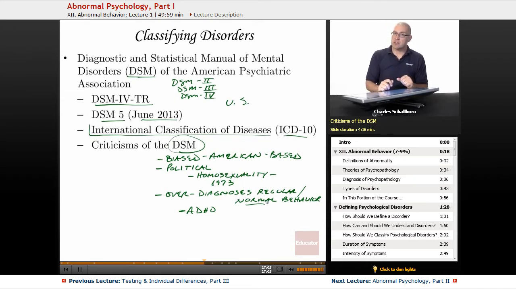But there are going to be criticisms of the DSM. And so just the idea of labeling is going to be problematic for some people, because if you label something a psychiatric disorder, sometimes it's not covered by insurance.